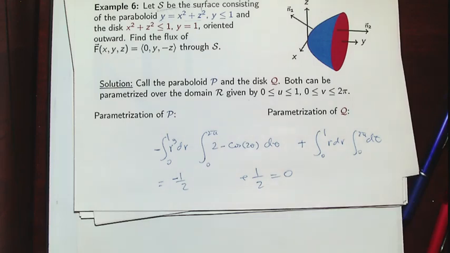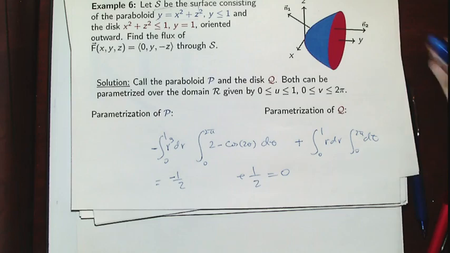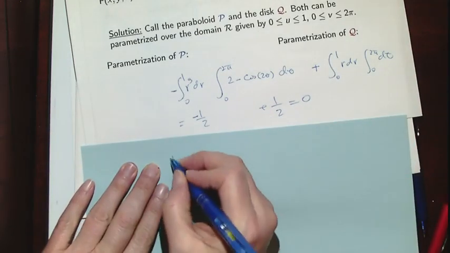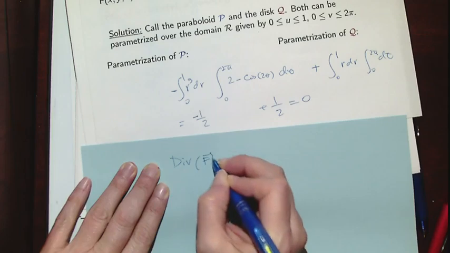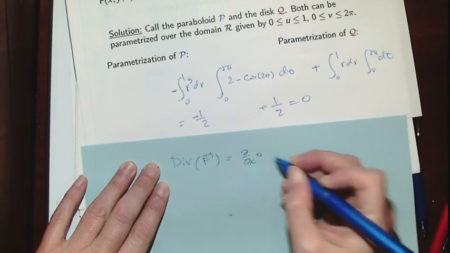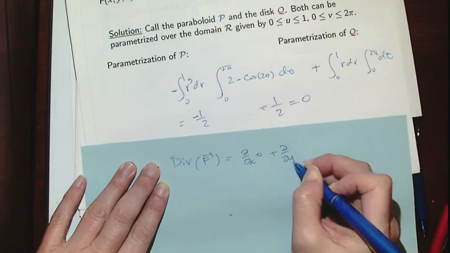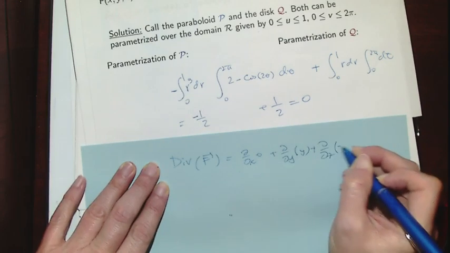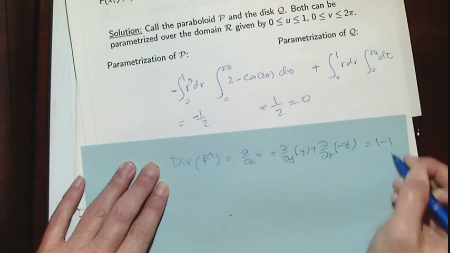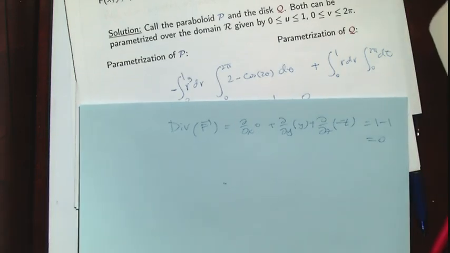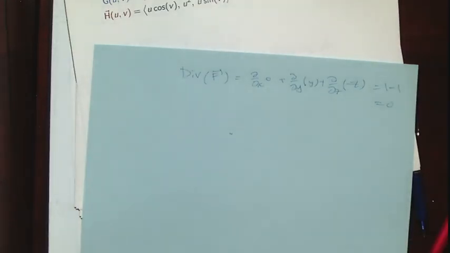What is the divergence of this shape? Divergence of f is equal to partial with respect to x of 0, partial with respect to y of y, plus partial with respect to z of negative z. It's 1 minus 1 equal to 0. Did you see how much work I did?